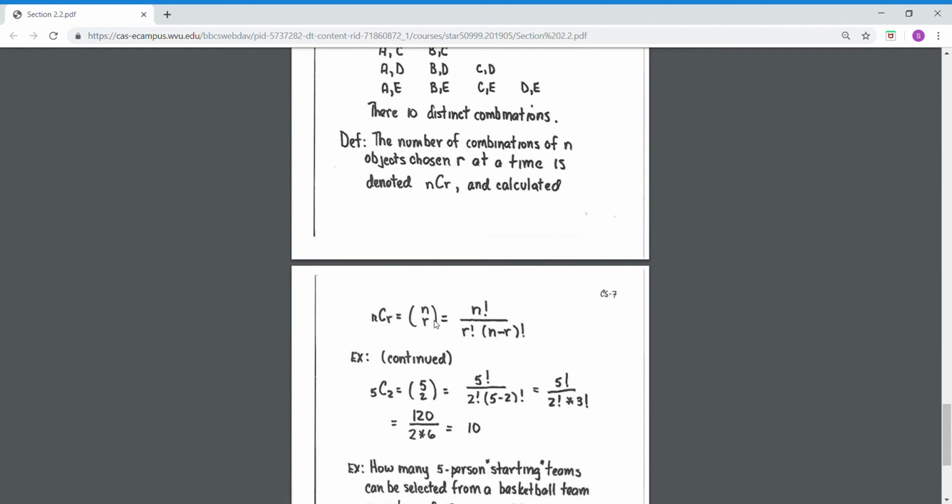This is another way to denote combinations and is still n choose r, which is equivalent to n factorial divided by r factorial times n minus r factorial.